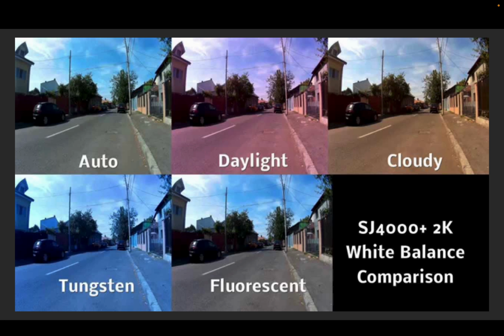Another example here, we can see that auto did a pretty good job within this environment. I would say that looks pretty good to how you would see this environment. Then daylight. It does look like daylight, but daylight actually would be a little bit incorrect because there's a little bit of clouds happening there.